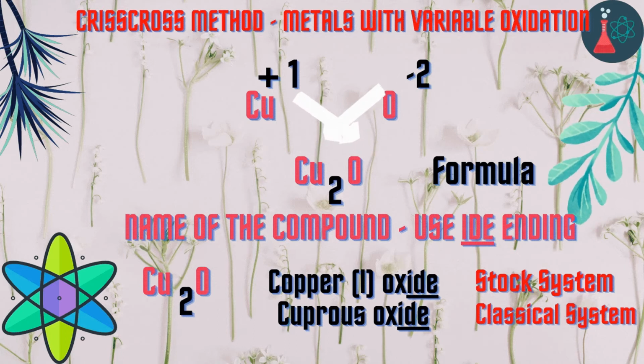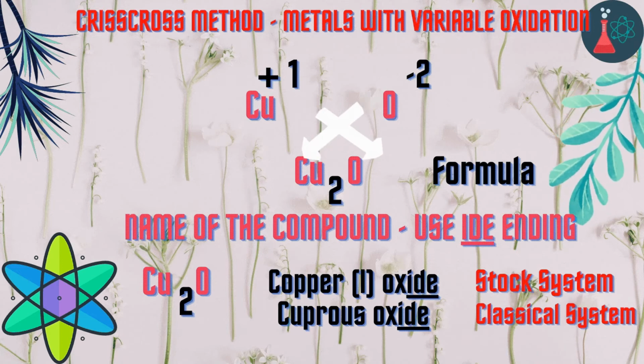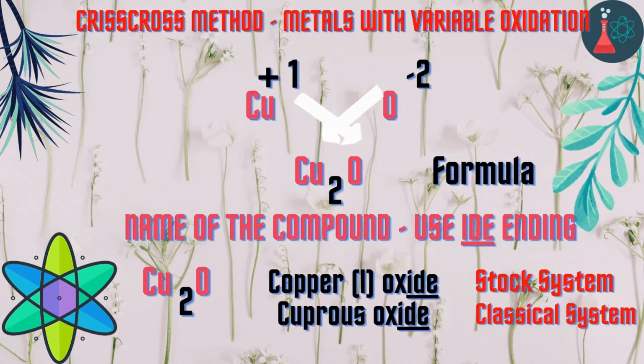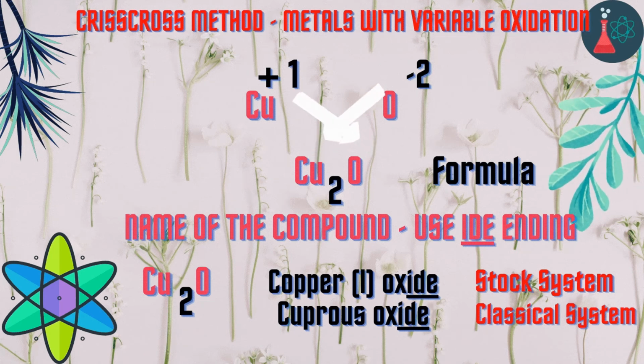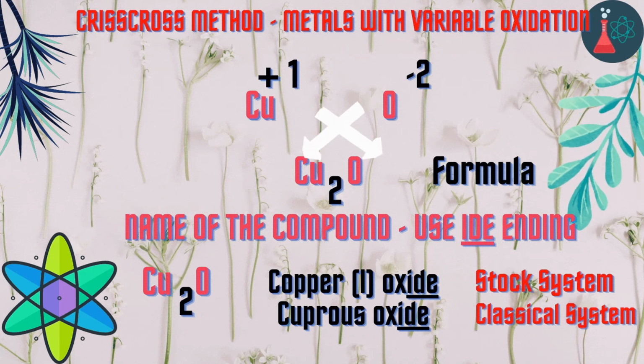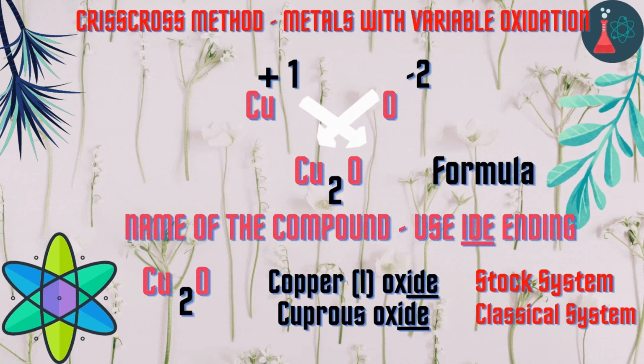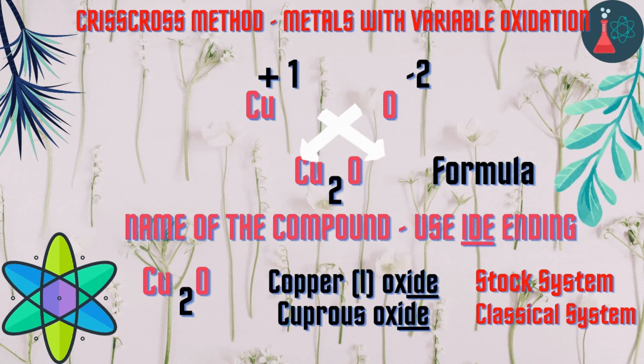If you prefer to use the classical system, you're going to use the Latin word of the metal and identify if you use the lower or the higher oxidation number. So again, for lower oxidation number, you're going to use the OUS ending, and IC for higher oxidation number.